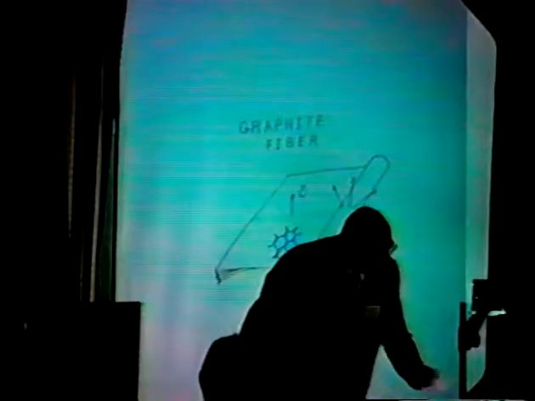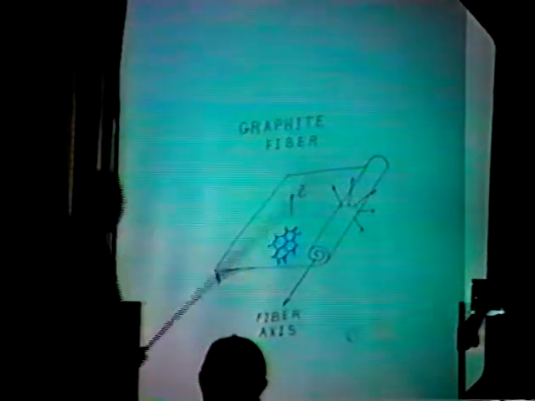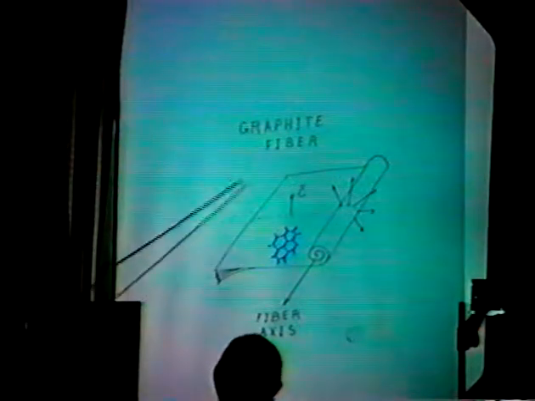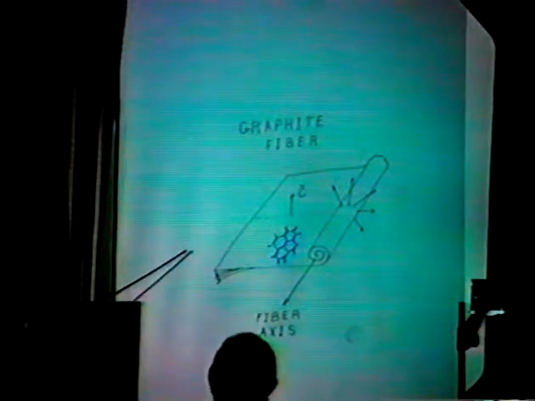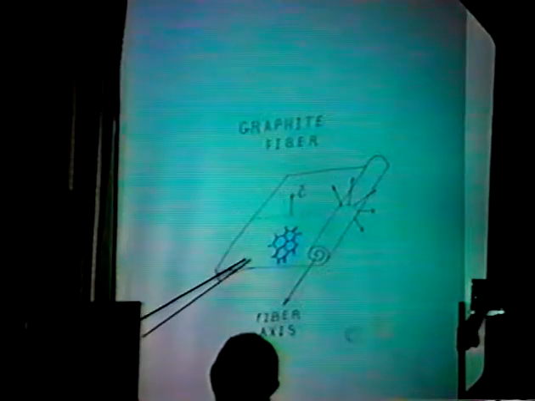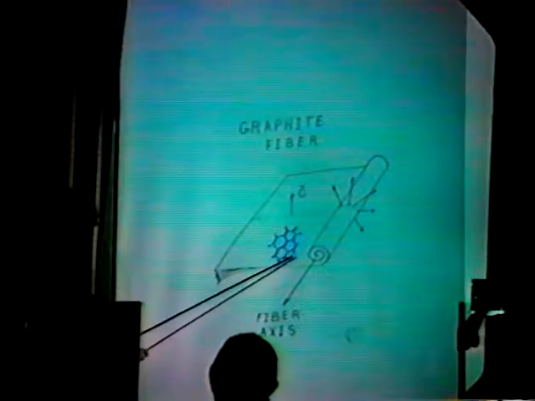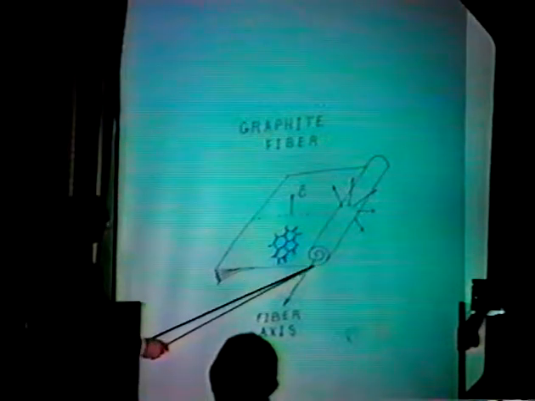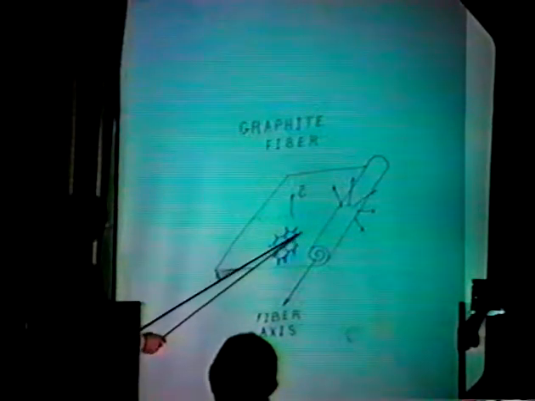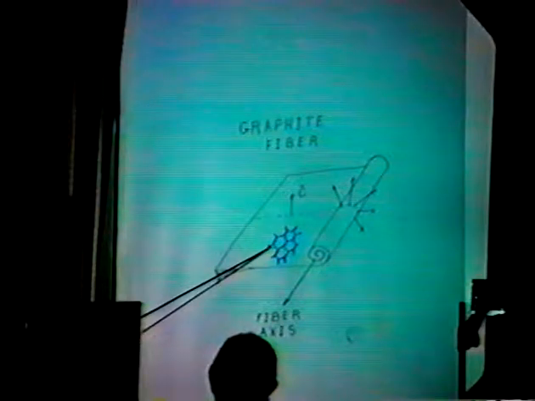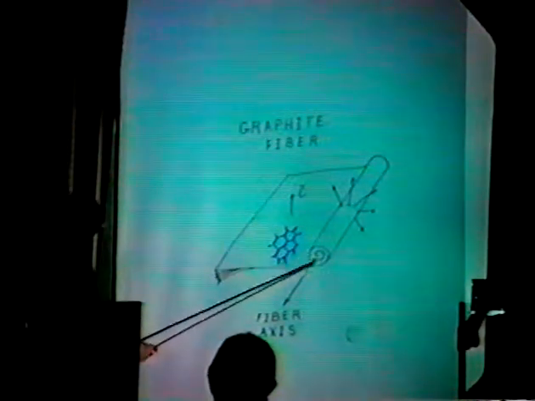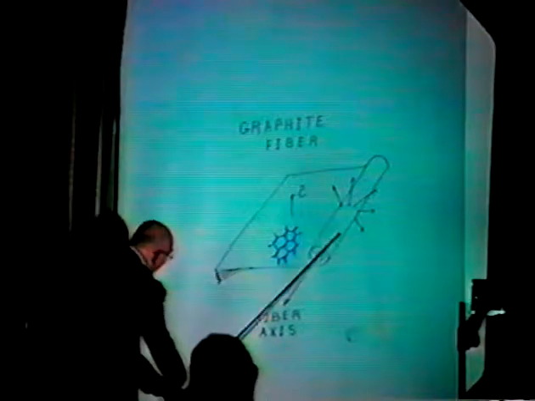And another, which is really going far afield, but nevertheless, when we make graphite fibers, which are made from pyrolysis of pitch, often they can be viewed as certain cigar shapes, where you take these planes of graphite and you wrap them around a central fiber axis.